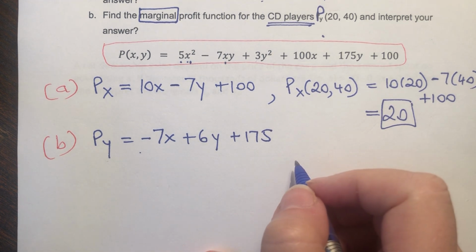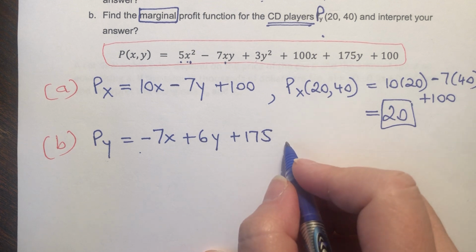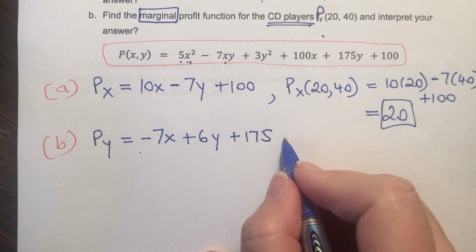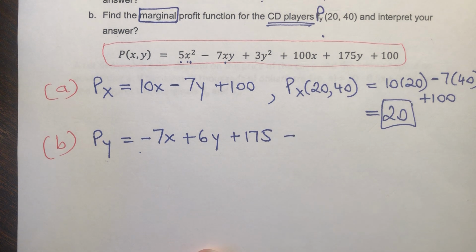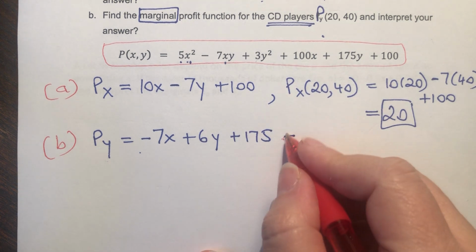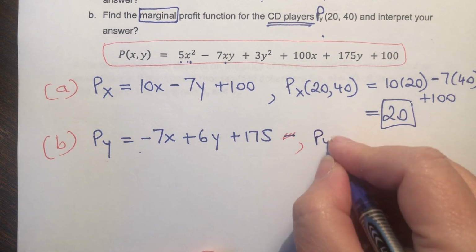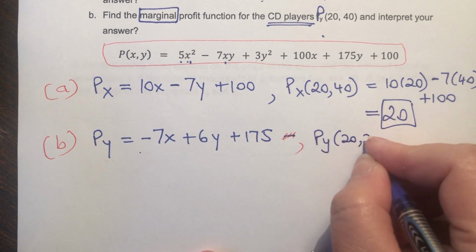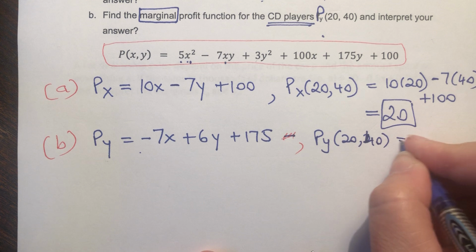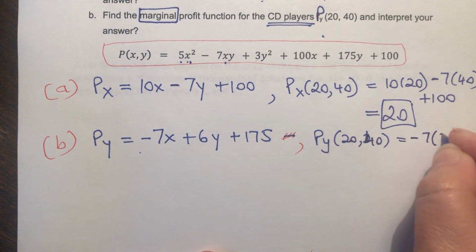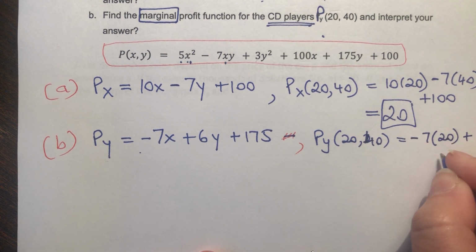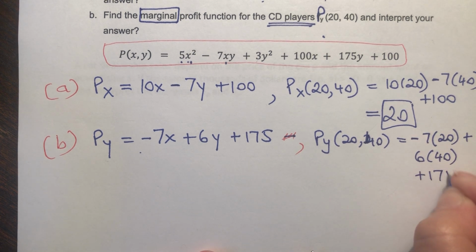So, taking this derivative, plugging in the value, P_y of (20, 40) is going to be negative 7 times 20 plus 6 times 40 plus 175.